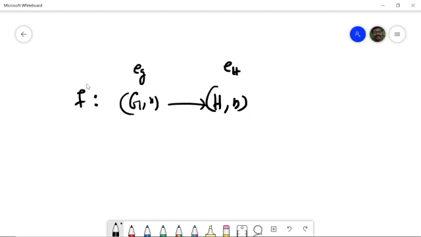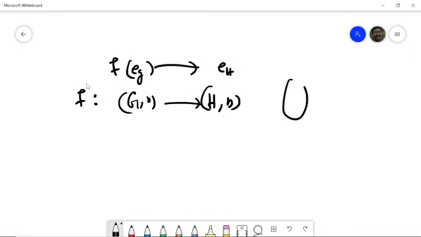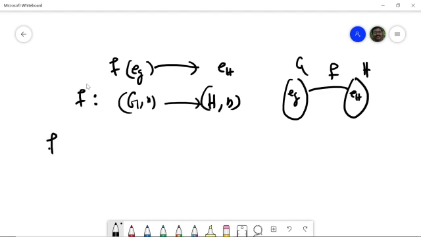What I mean to say is that these are identity preserving maps is that this f will take eG to eH. So this is my G, this is my H, this is my f. This eG will be mapped to eH. So this is the first condition: f of eG will be equal to eH.